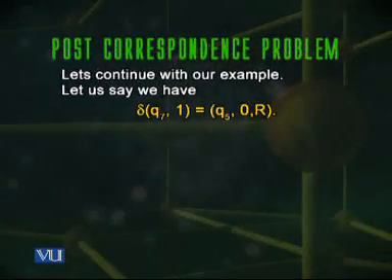When the tape head wants to move to the right and it wants to read a blank, we must take care of it. This domino allows us to do that. So this is part 5 of the construction. Let's continue further and see what happens. Now delta of Q7, 1 is Q5, 0, R.